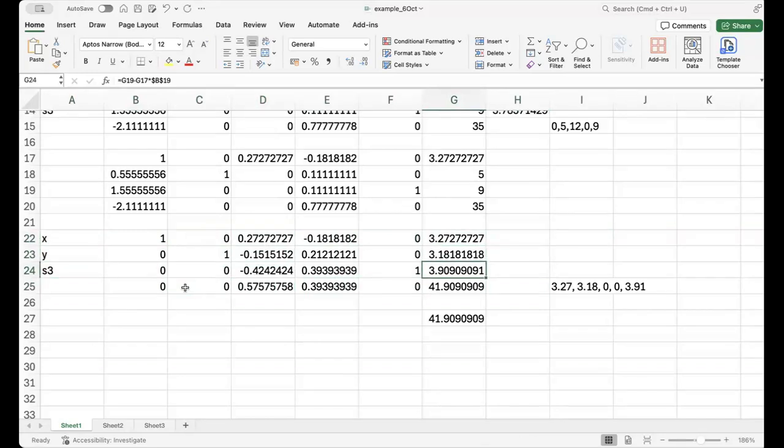What about s1 and s2? S1 is 0, s2 is 0 also. That means the first and second inequalities are active, right? Active means it's not less than or equal anymore. They both become equality constraints at that point. Okay, do it by yourself.